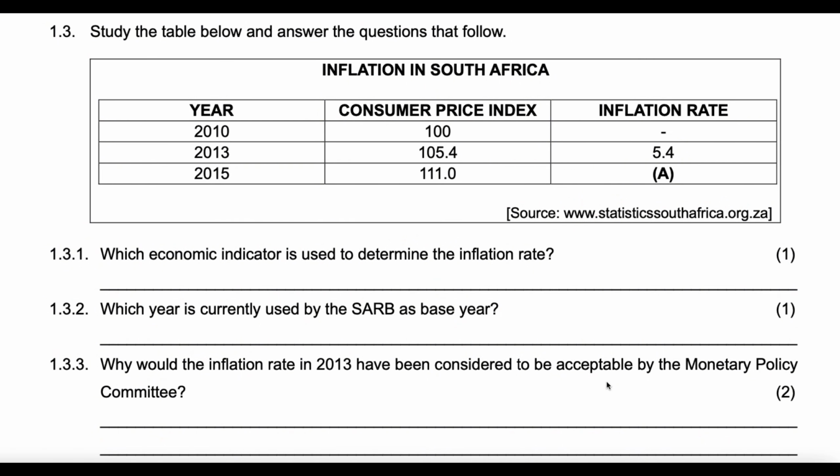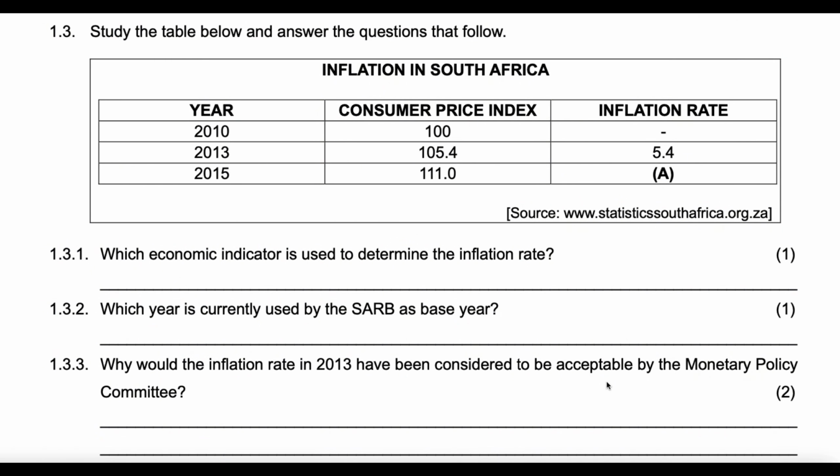which is a basket that typically measures the cost of living, and the one that measures the cost of production is Producer Price Index. So 100 is the base year according to this table. 100 is actually the weighting in a base year. So we have 2010 in this case being the base year, but currently the base year is 2015.